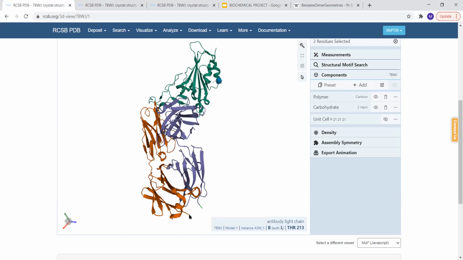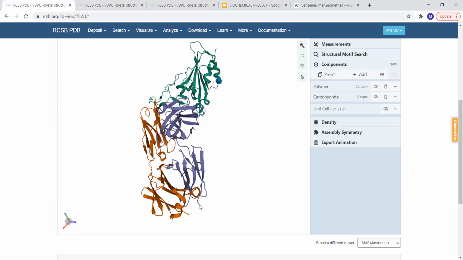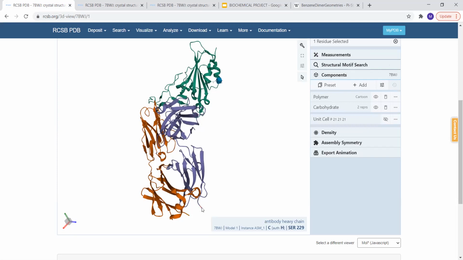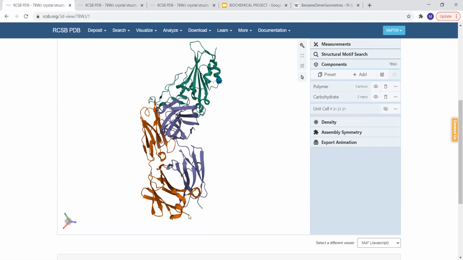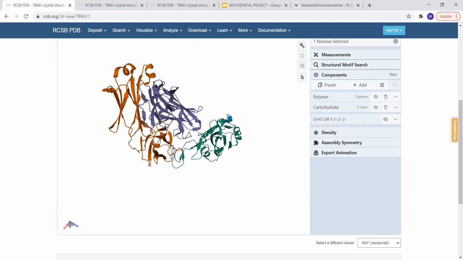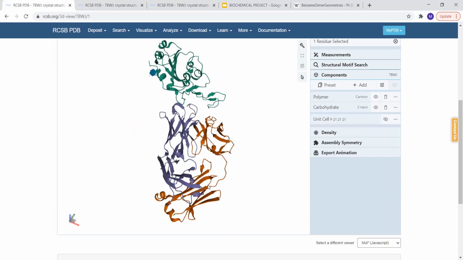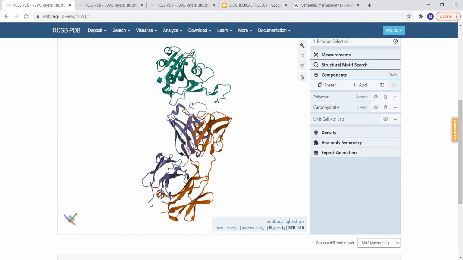And if you look over here at the bottom of my structure, we don't have any interactions between the ends of the chains.